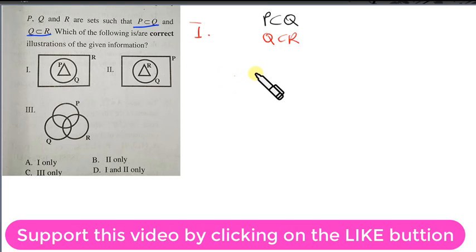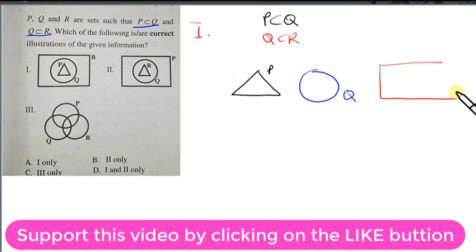Then we have the set Q, which is a blue circle. Then set R, we have a rectangle. So that is what we see in I.